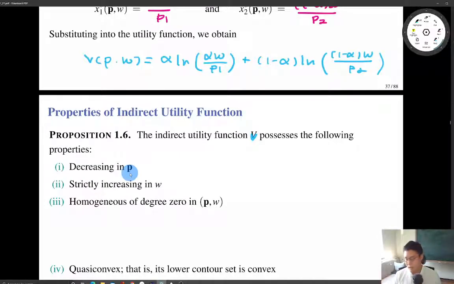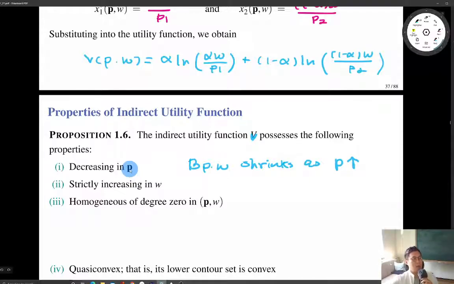So the highest level of utility is decreasing, because the budget set will shrink as P increases. That means the set of affordable bundles will shrink. He has a smaller set of alternatives, so the highest level of utility, given the shrunken budget set, will be smaller than before.